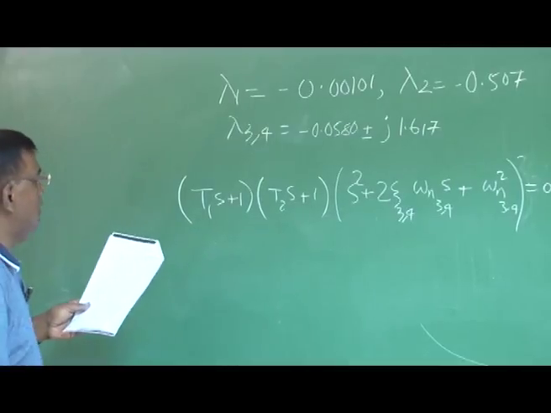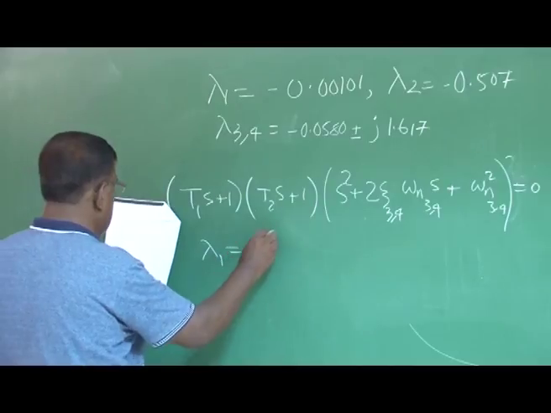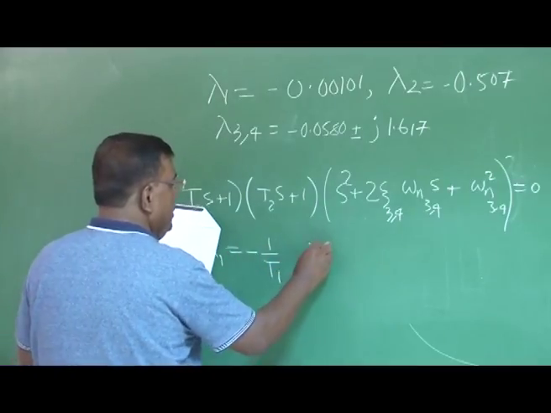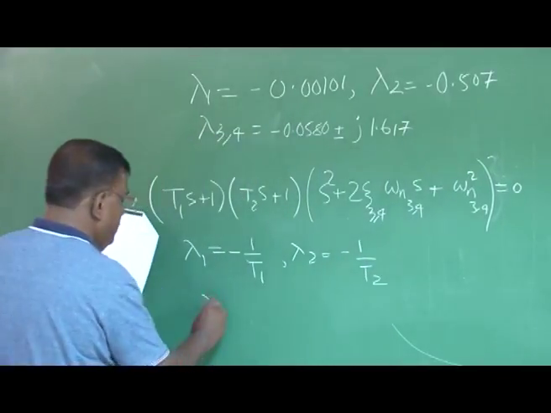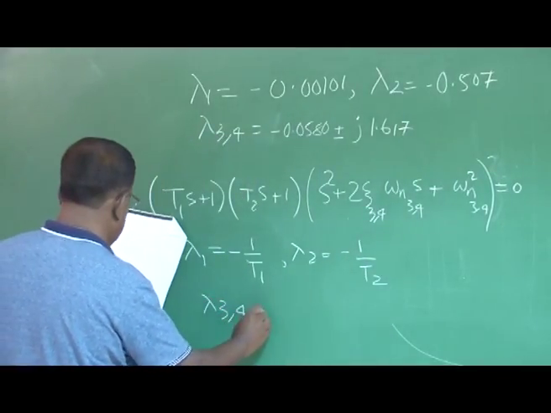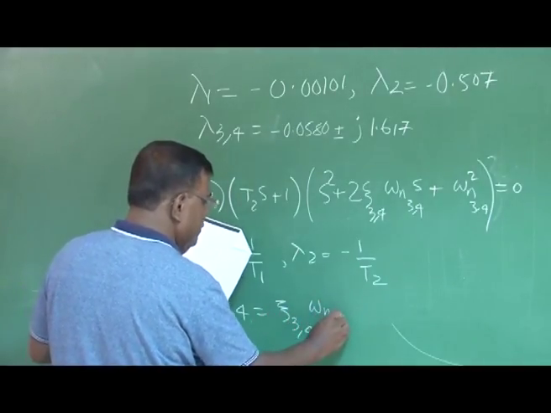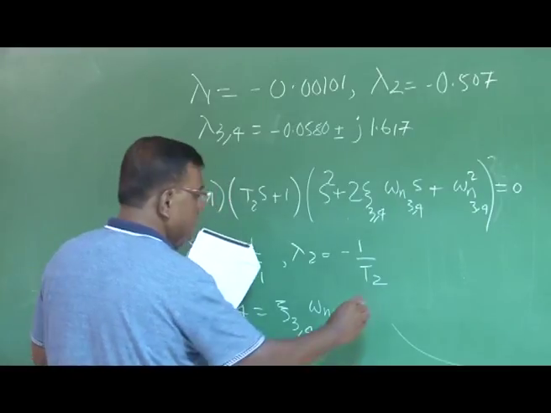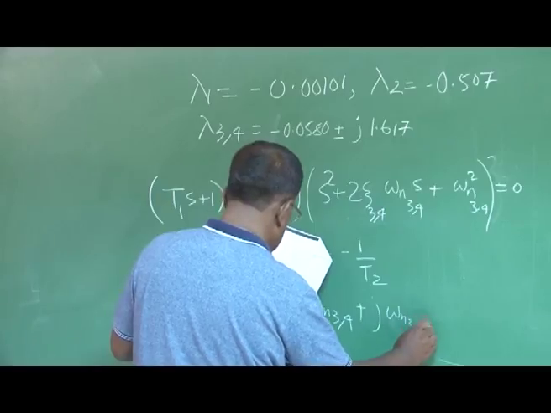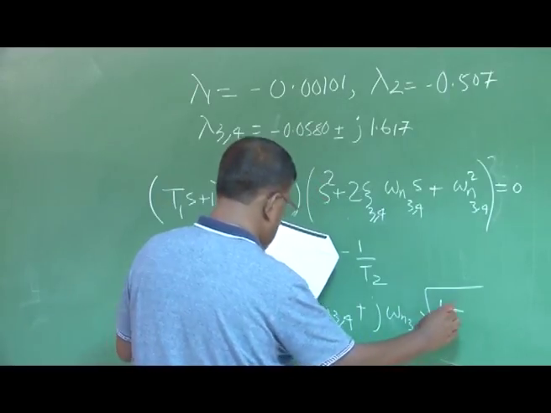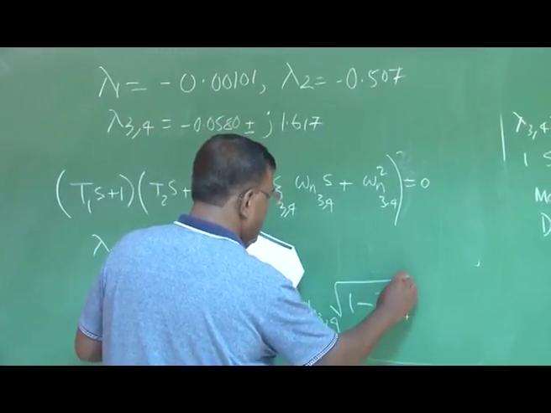If I do that, then from this I get the roots lambda 1 equal to minus 1 by T1, lambda 2 equal to minus 1 by T2, and lambda 3, 4 I can write as minus zeta 3,4 omega n 3,4 plus minus j omega n 3,4 times the square root of 1 minus zeta 3,4 squared.